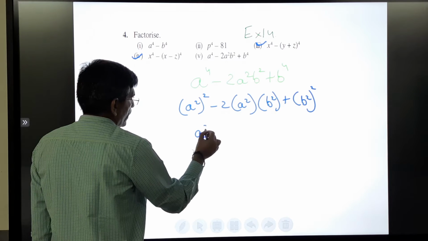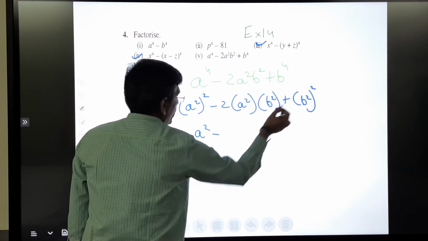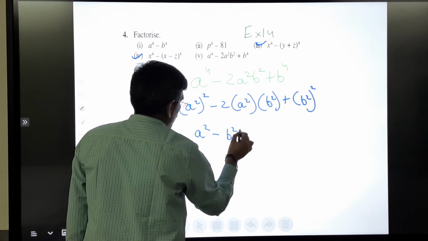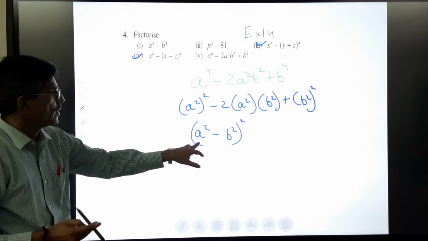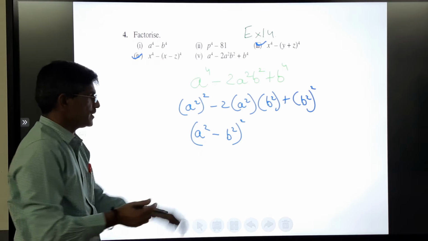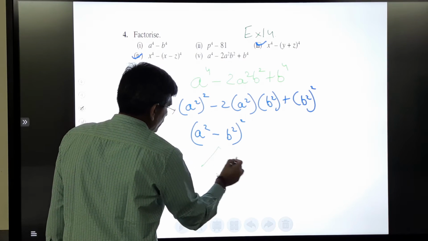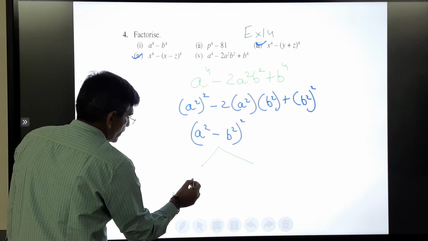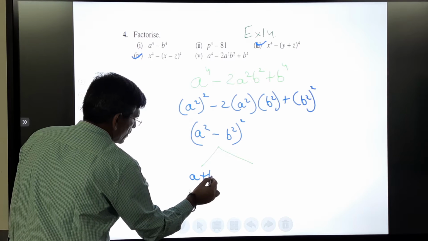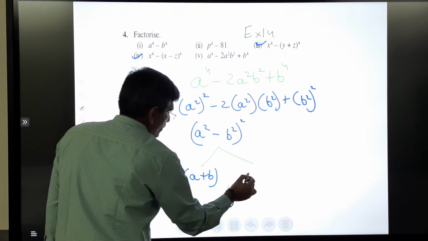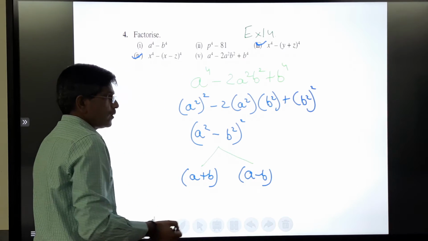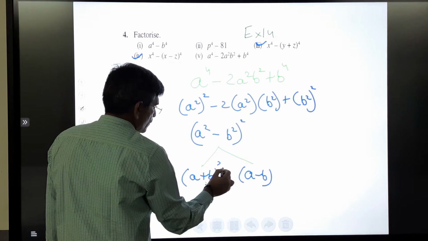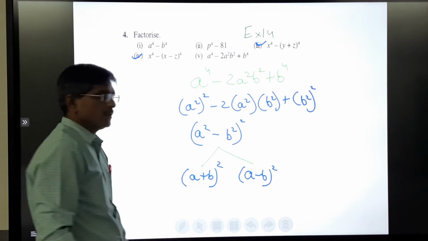So from a square, from here minus, and from here b square whole the power square. But inside we have to again a square minus b square. So again divide into 2, that is a plus b, a minus b. But we have to write outside power 2.